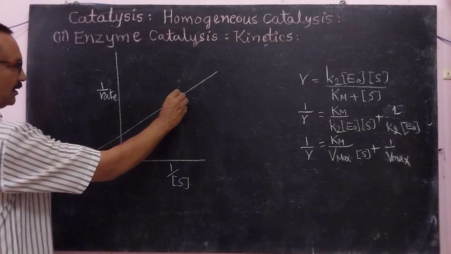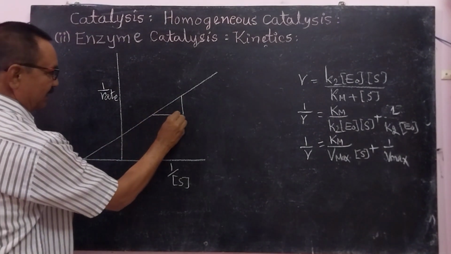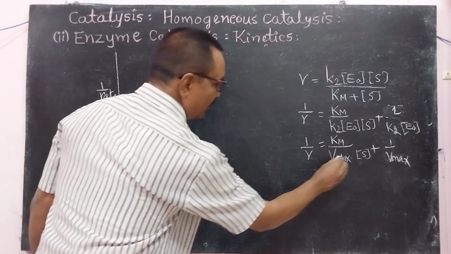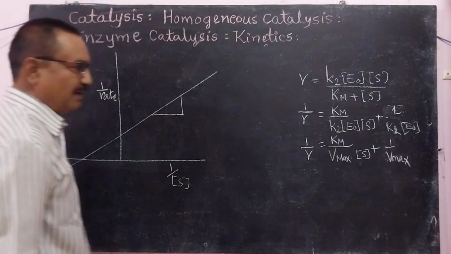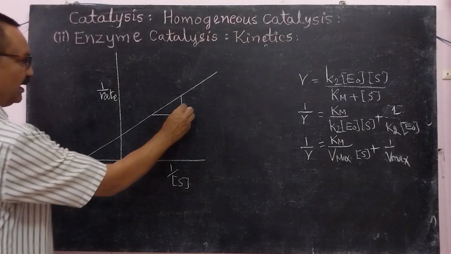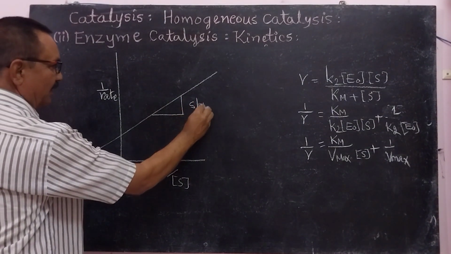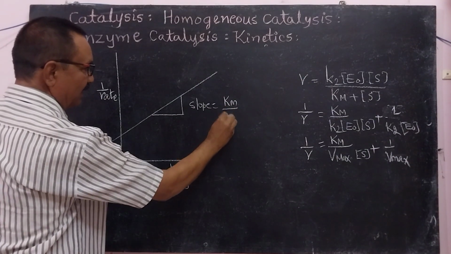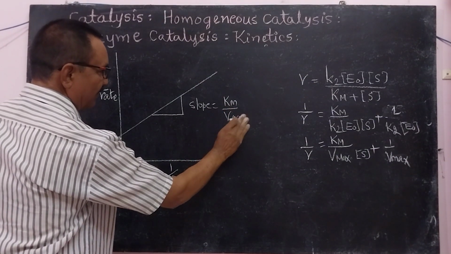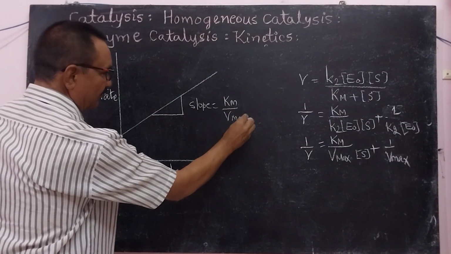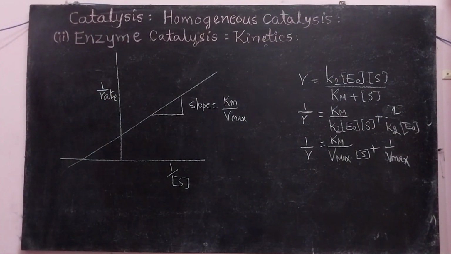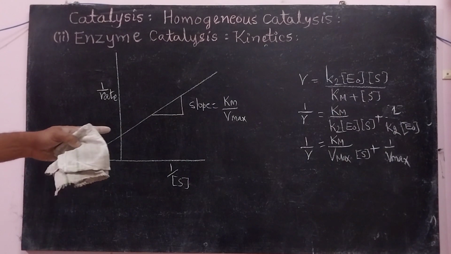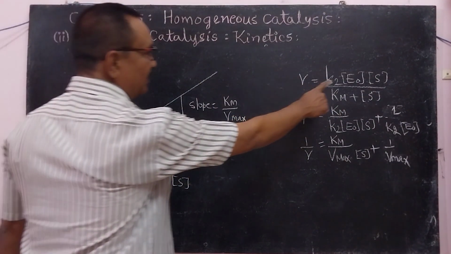First, what about the slope of this reaction? Y equal to mx plus c means here the slope is equal to Km divided by Vmax. Vmax means K2 into E0.